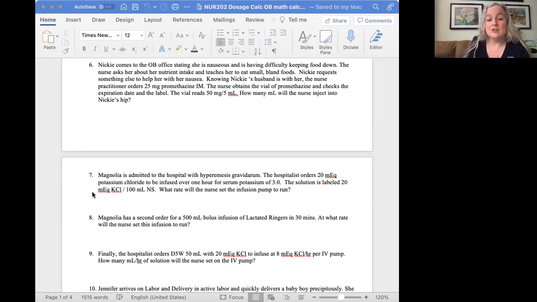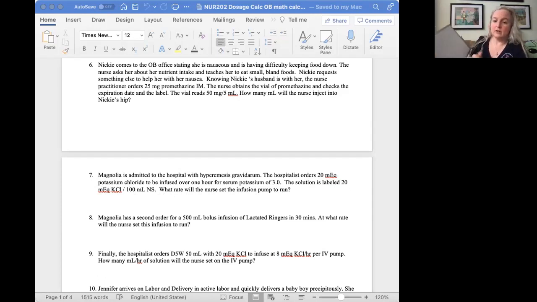Now, the thing that matters for this is we are going to infuse 20 milliequivalents over an hour, and the bag is given to you as 20 milliequivalents. And so we're going to infuse this whole bag, all right? So all we need to do is the same problem we did, I think, at number 1.